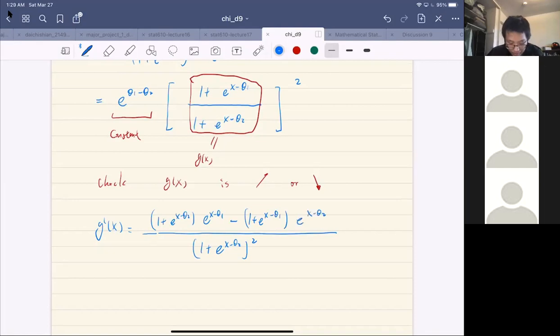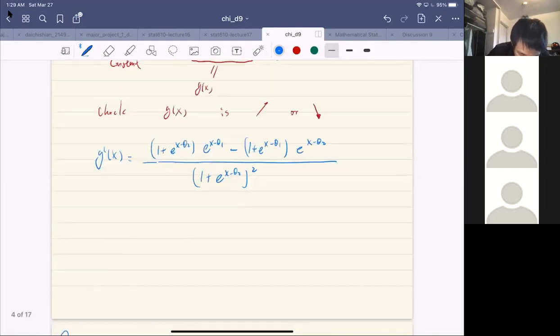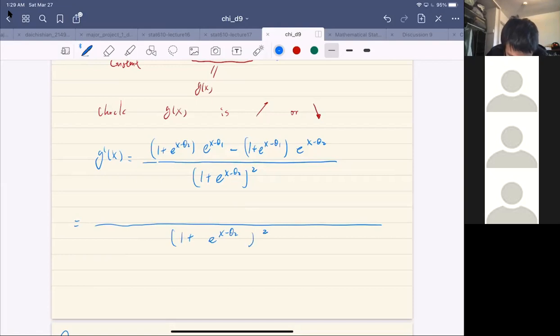So it is equal to, with the same denominator, e to the x minus theta 1 minus e to the x minus theta 2, and this term can be cancelled. So we only have this.